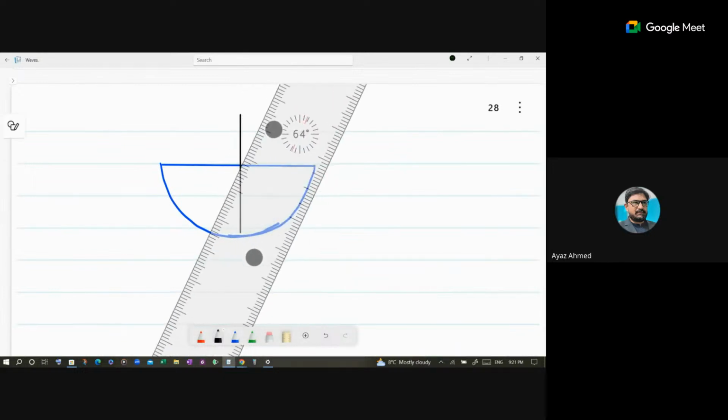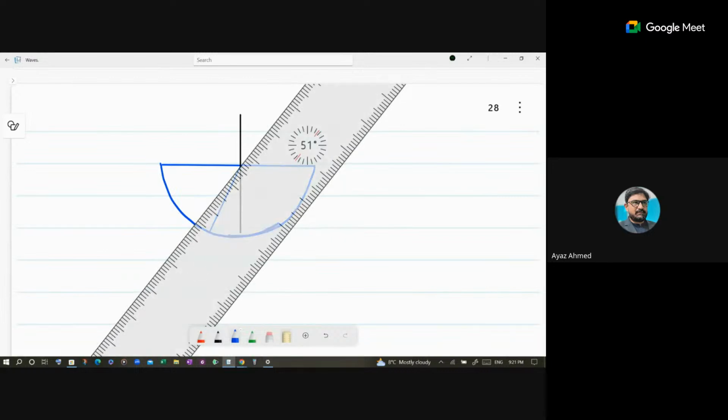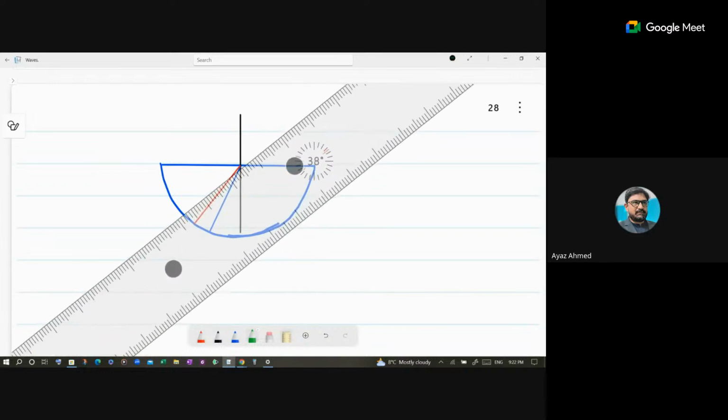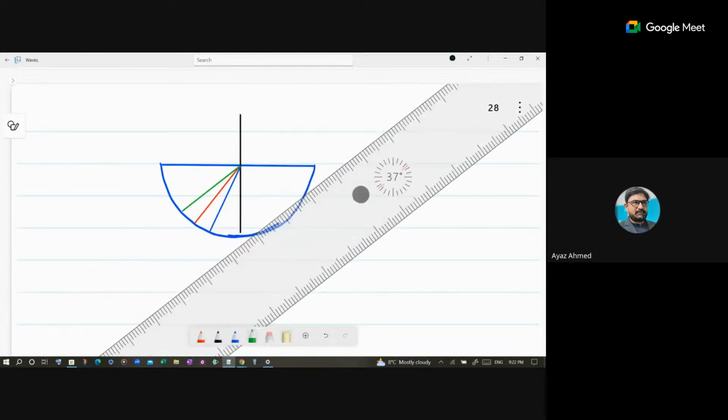Now I'm going to incident a ray at this point. Let's say this is a light ray which is entering over here. Then I will draw another light ray entering over here, and then another light ray which would be incident over here. So basically I have incident three light rays: blue, red, and green.